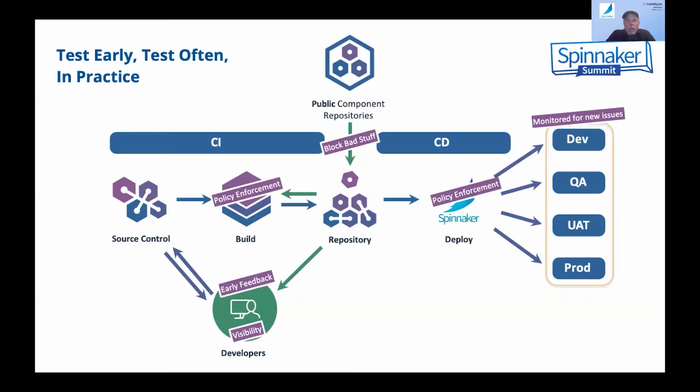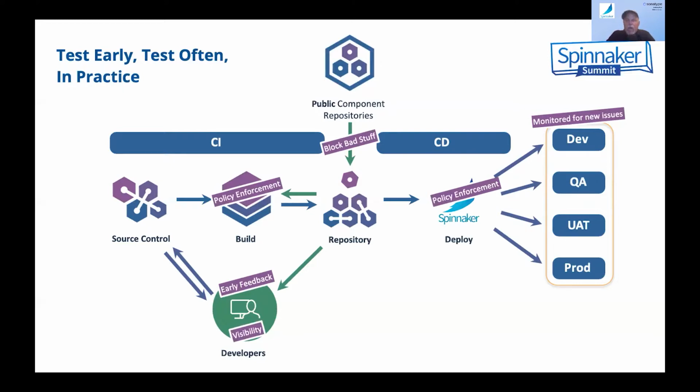And finally, after we have deployed our application out into our environments, we have the ability as a best practice to take a look at those components that have been deployed and determine whether there have been any new vulnerabilities that have arisen since we've deployed into our environments.